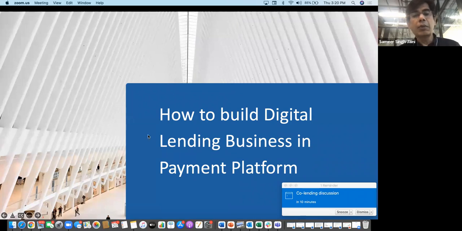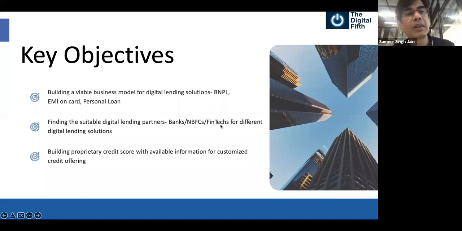Okay, so let me now talk about how to build for it, and let's go step by step. Let's take an example of a payment platform, and it can be somebody else as well, right? Who's trying to get into maybe BNPL, EMI on card, or insurance or something else. And we can do a step-by-step activity with any one of them.